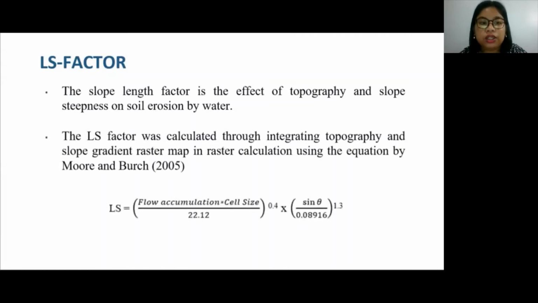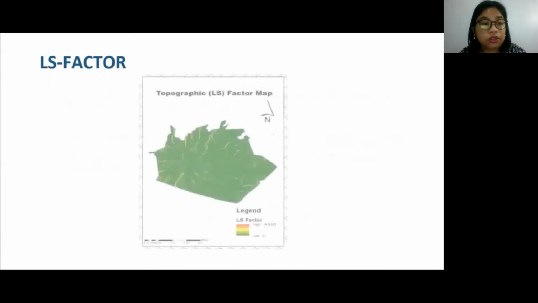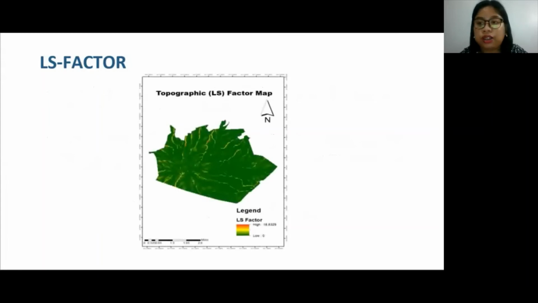LS is equal to flow accumulation times cell size, where the cell size is 30 over 22.12, the standard erosion plot, times the sine theta. The sine theta here is the slope gradient map over 0.08916 raised to 1.3. So this is the LS factor map of the MMFR.